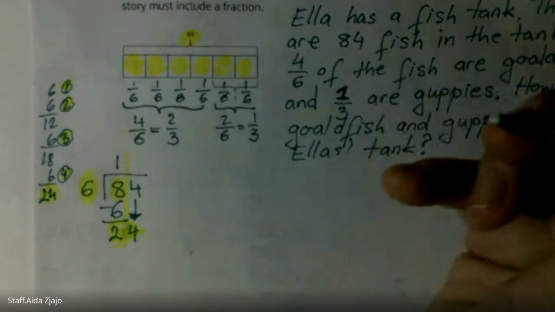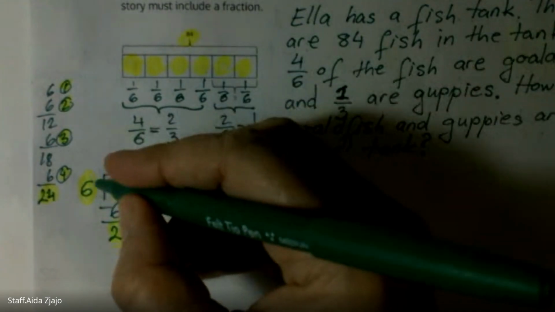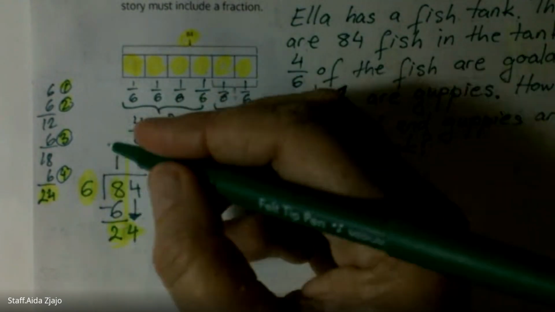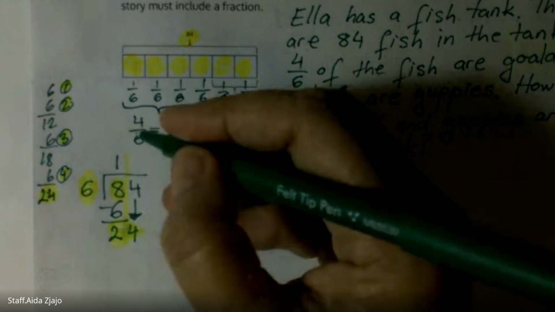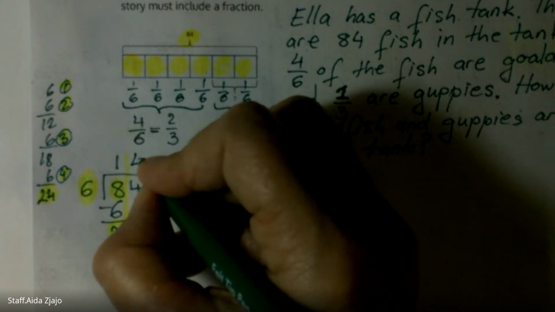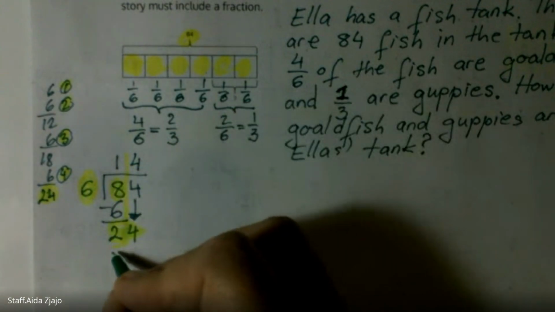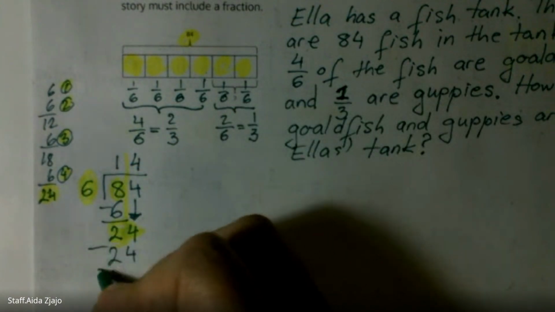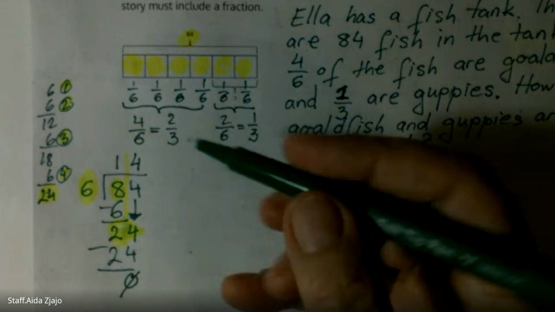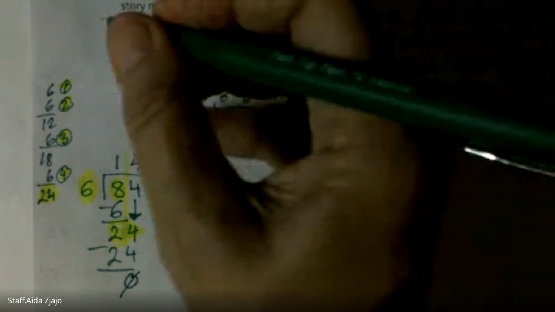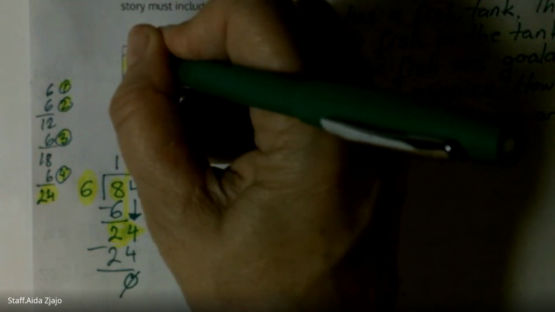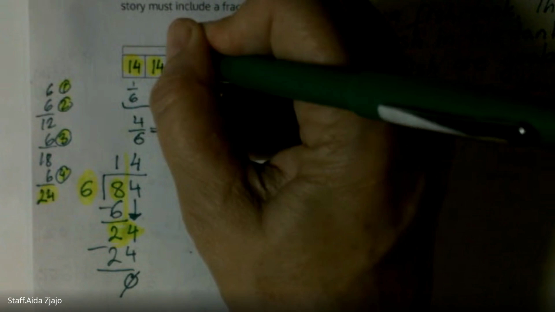There are 4 sixes in 24. So you have no excuse not knowing what is 24 divided by 6, or how many 6 are in 24. There are 4. 4 times 6 is really 24, and I have no remainder. So each of these are 14 fish. They represent 14 fish.